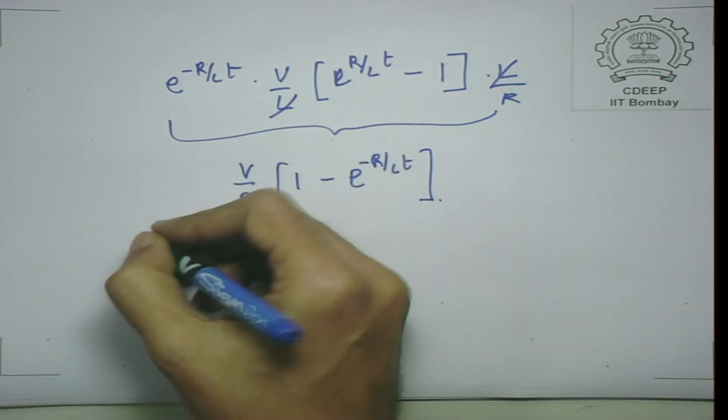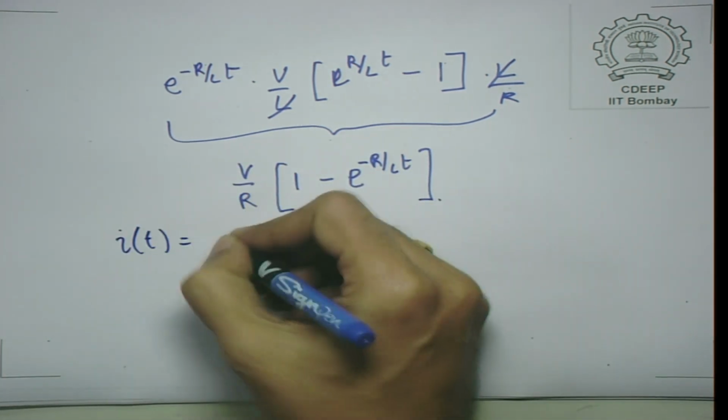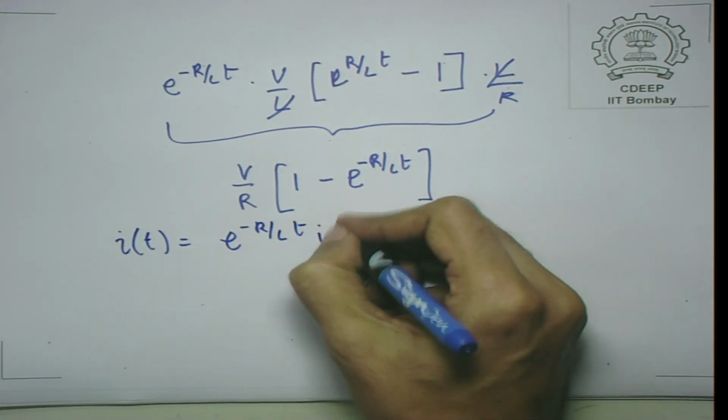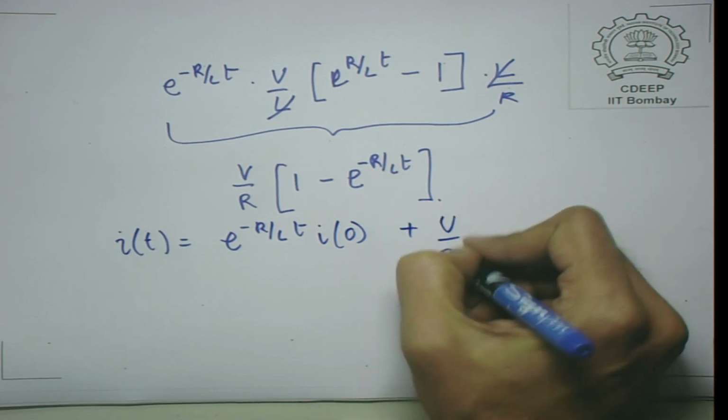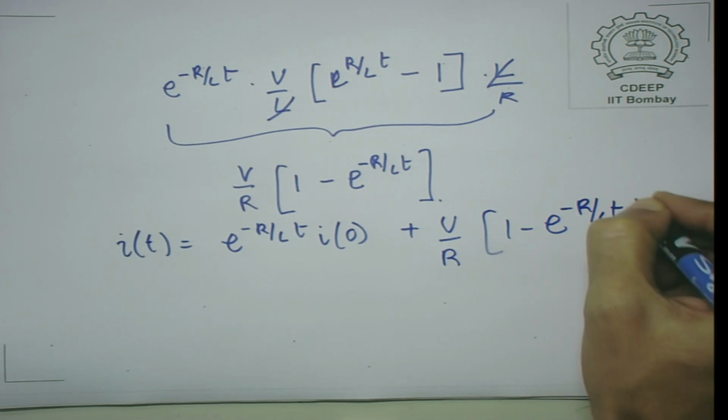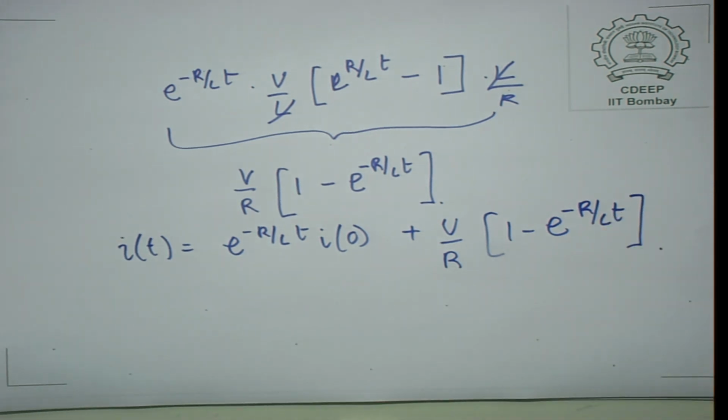So, your final expression for I of t is e raised to minus r by L t I0 plus V by r into (1 minus e raised to minus r by L t). Note that you can split this into two parts.